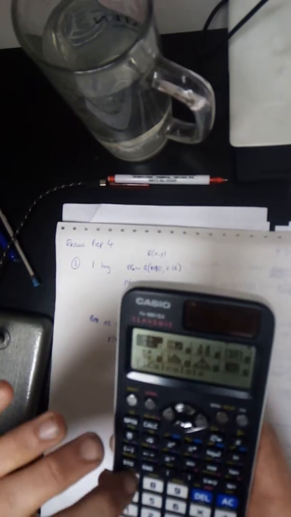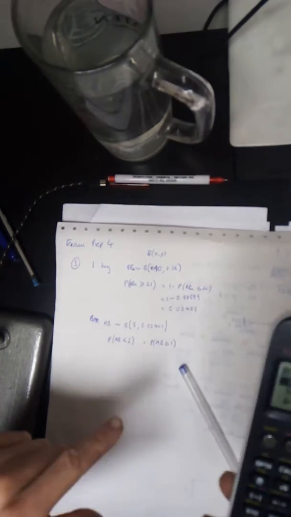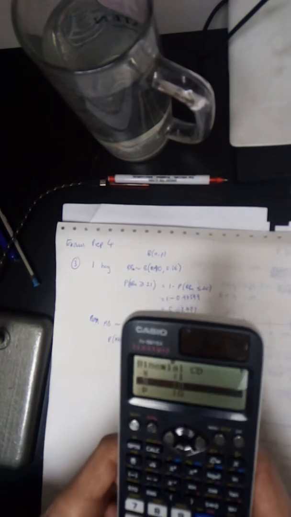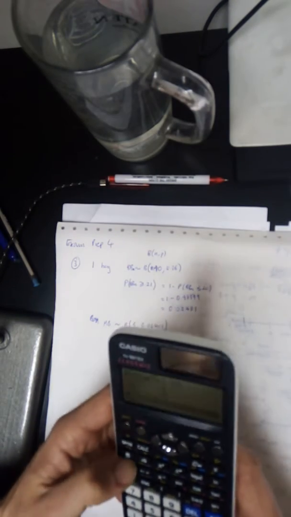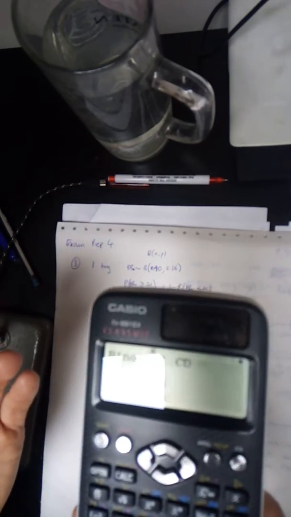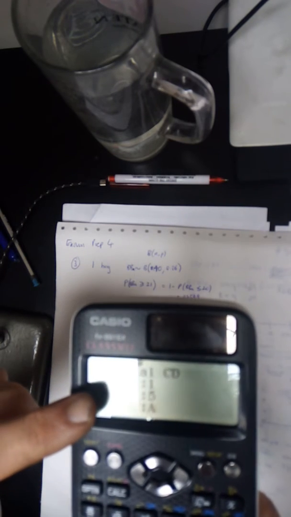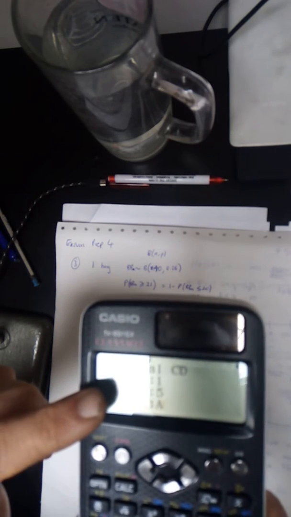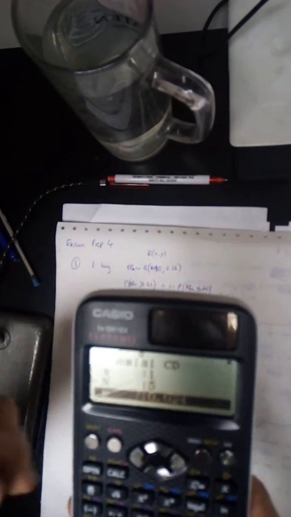Then I'm going to go back to my distributions, go back to binomial CD, go back to variable. Now this time X is 1, N is 5. P I'm going to put in as A, because then it's like loads of decimal places. Hopefully that comes out. It's just a way of using the calculator.